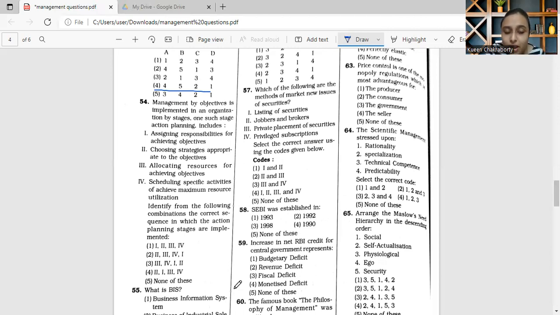Management by objectives, the MBO. The first step is to define the organizational objectives. These are determined by the top management, usually in consultation with other managers. Once these goals are established, they should be made known to all the members.